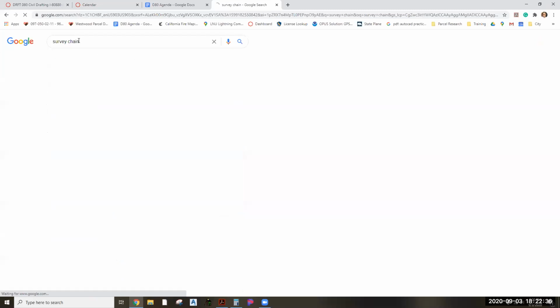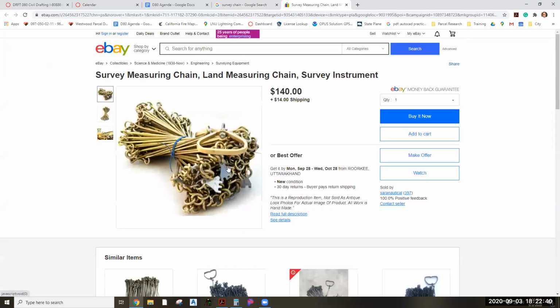Survey chain. These are what they look like. So that is what a chain looked like. That's how they used to measure distances across miles and miles and miles of land. This is what they used, okay?